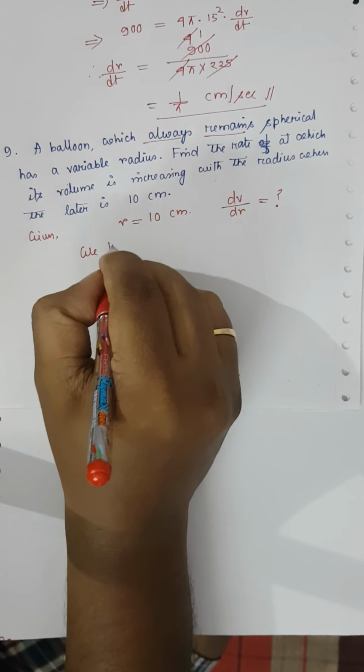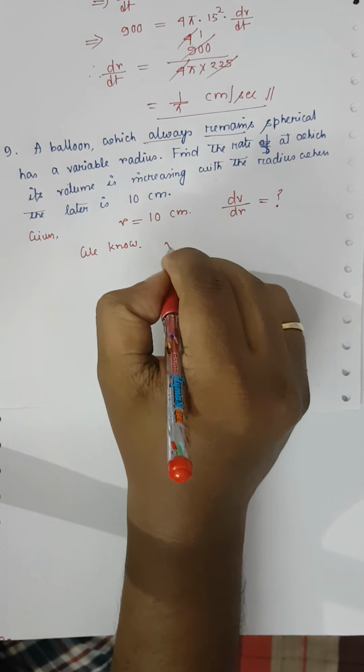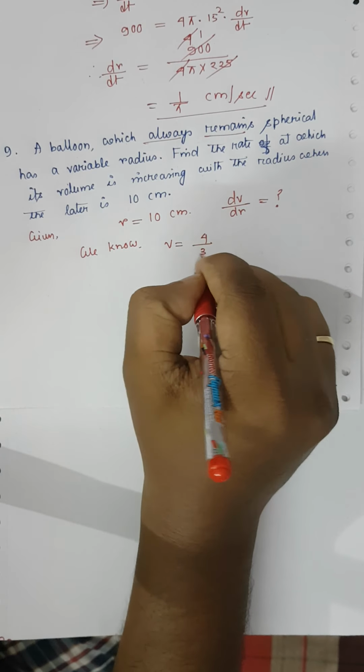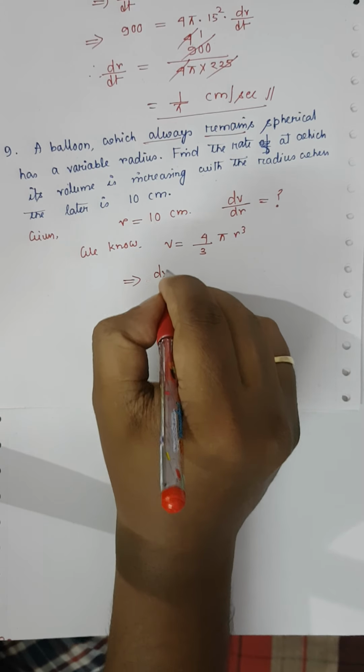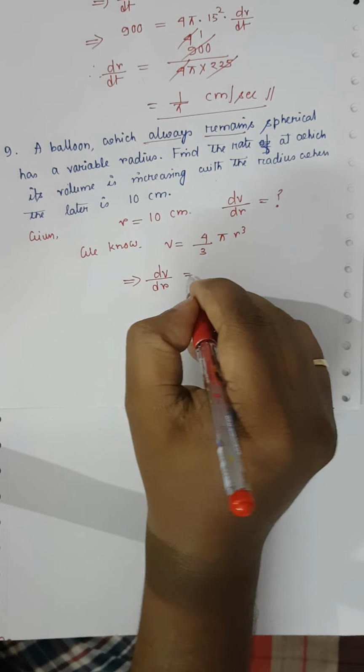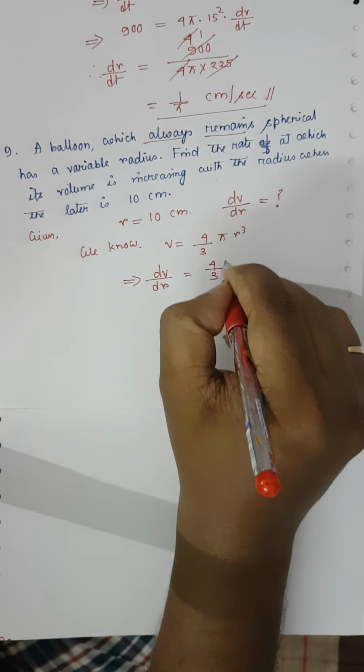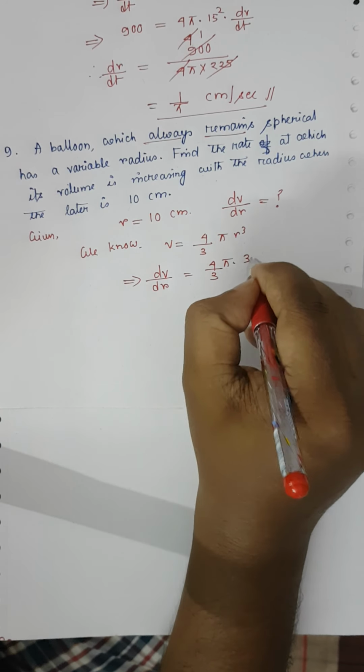So we know V is equal to 4 by 3 pi r cube. After differentiating V with respect to r, we will get 4 by 3 into pi. For r cube, it is 3r square.